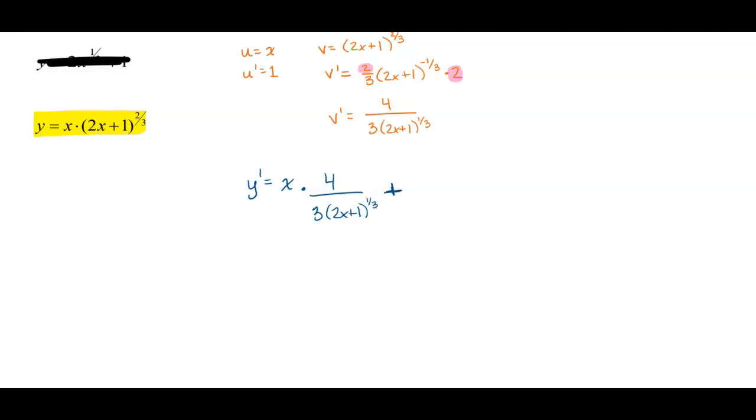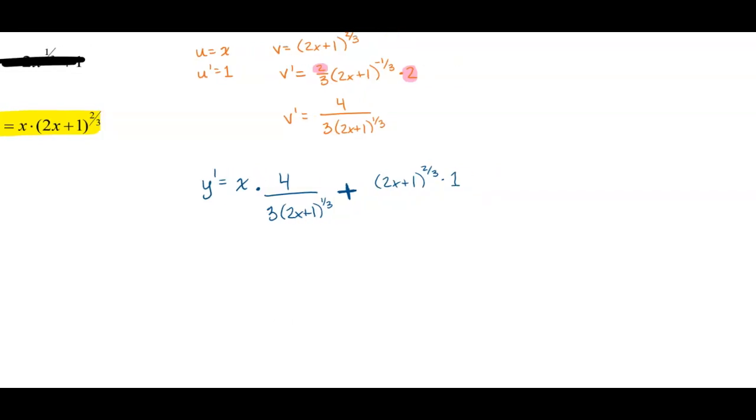Then plus, I also want to be really clear about where my plus sign is so I can see where I need a common denominator. Let's see, v times the derivative of u is just a times 1, so we can kind of leave that part off if you choose to. All right, so now I need a common denominator.